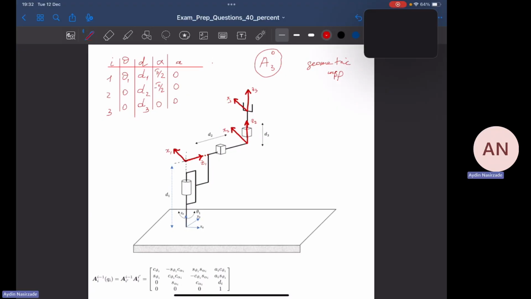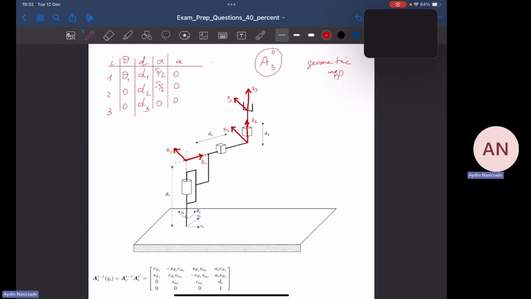I feel like it's better to start off with the geometric inspection. All right, let's start with geometric inspection.